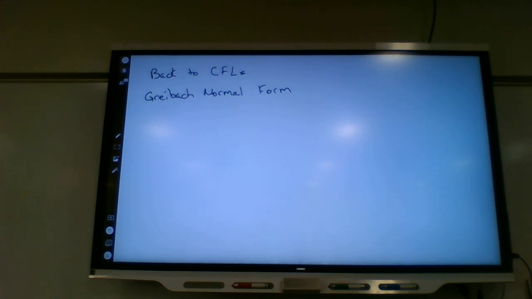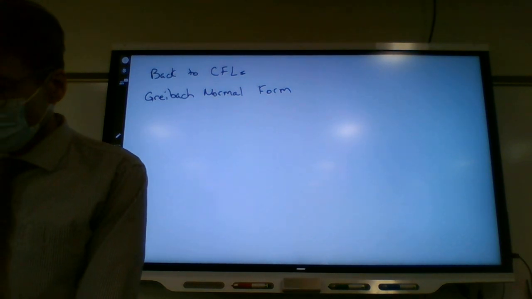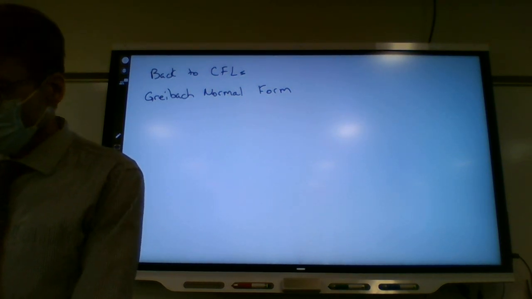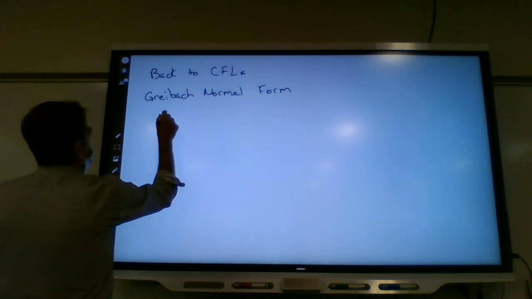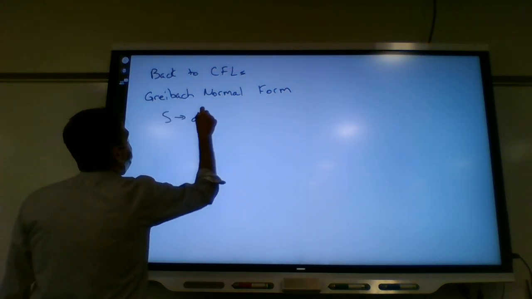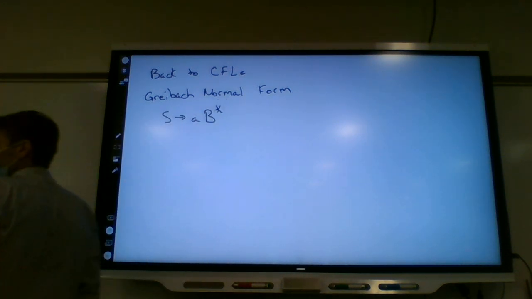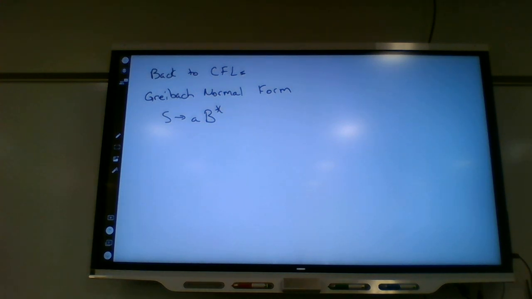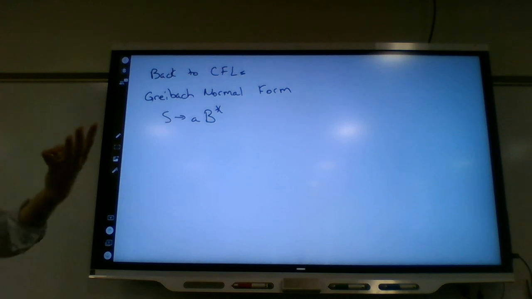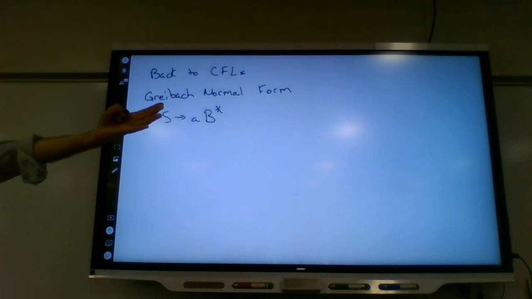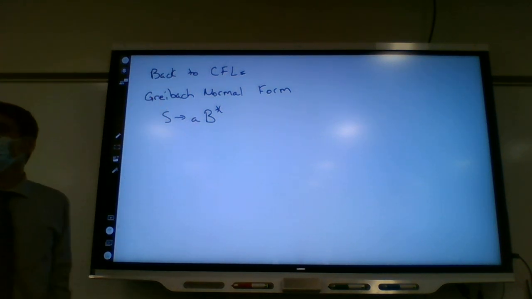In Greibach normal form, all of the productions are of a form like this. So that means they're either a terminal followed by a collection of variables, none, one, or a bunch. But every production starts like this.